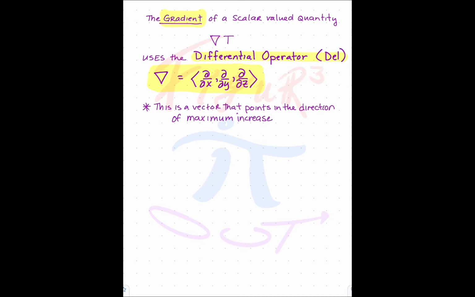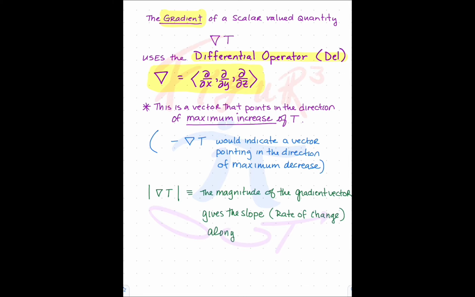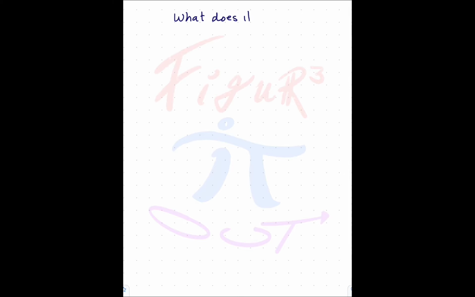It behaves just like a vector. So this vector points in the direction of maximum increase of that scalar function, and a negative would simply point in the direction of maximum decrease. The magnitude of the gradient gives the slope, or the rate of change, along this maximal direction.